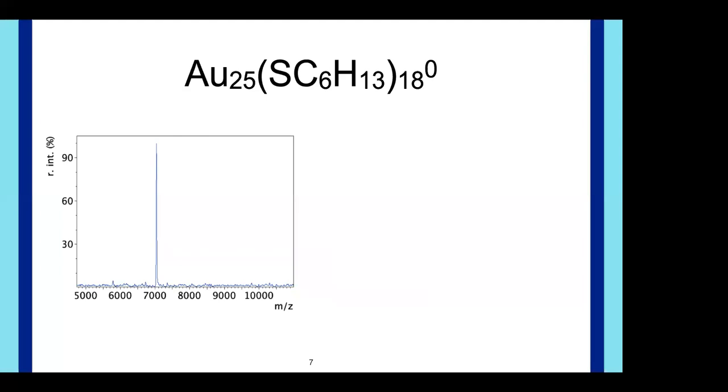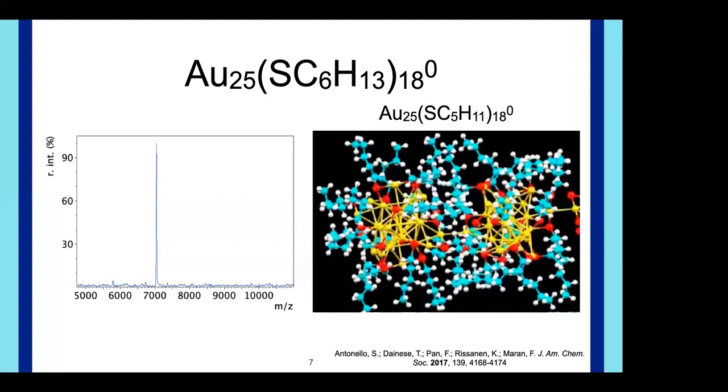Our hypothesis for how these would build together was later thought of as very similar to this alkane thiol crystal structure by Moran in the electrocrystallization paper in 2017. Here, gold 25 in the zero charge state crystallized together with pentane thiolate ligands.